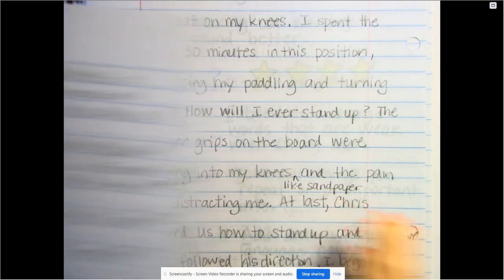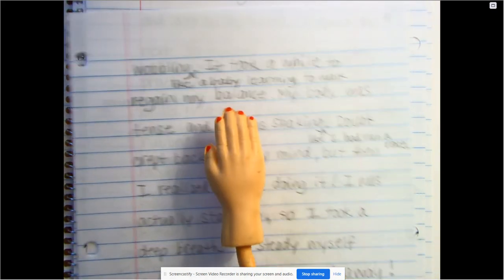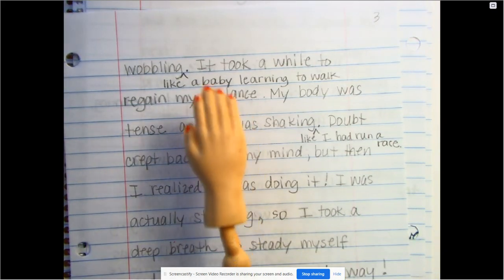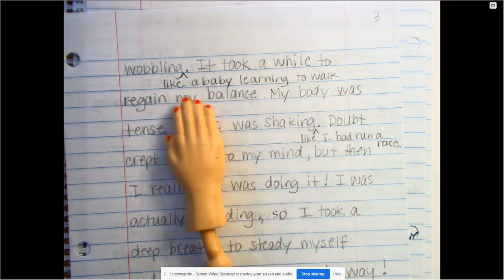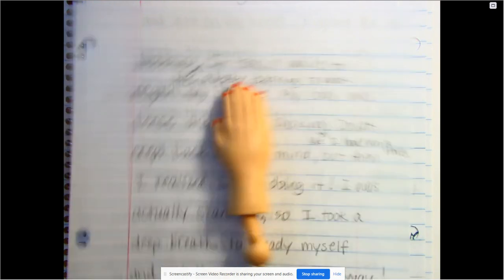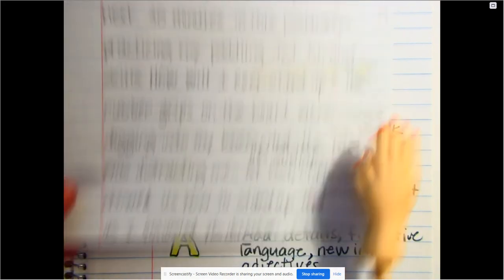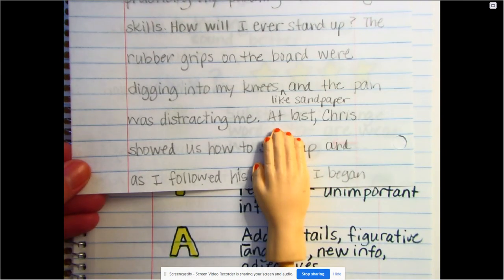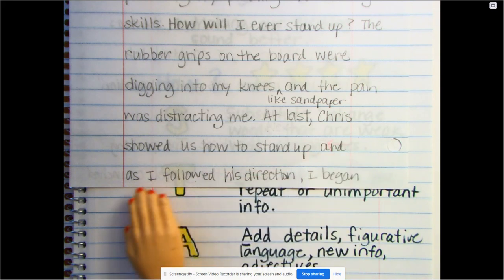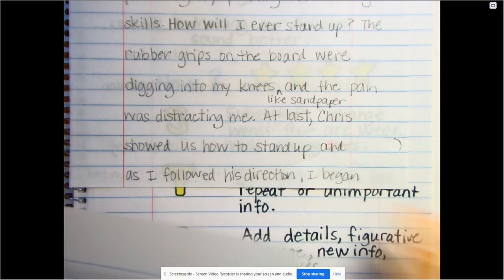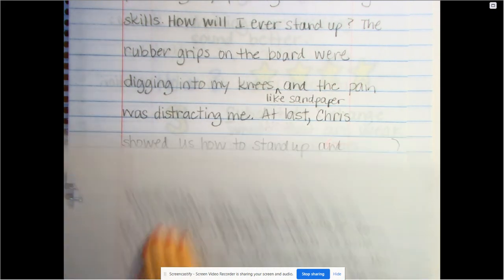Here's another spot where I revised. Remember, I'm making my writing better. I said it took a while. Let me go back because I missed that one spot. I was talking about how it was when I went to stand up. So let me read that whole thing. At last, Chris showed us how to stand up, and as I followed his direction, I began wobbling.